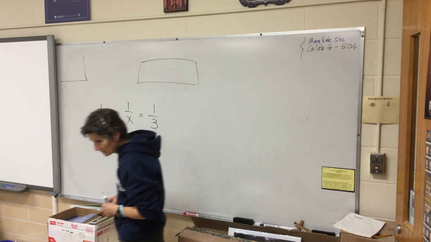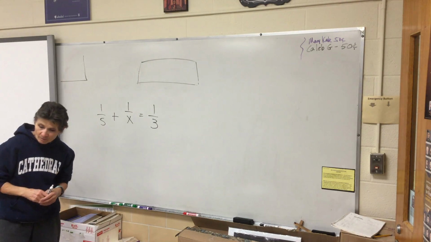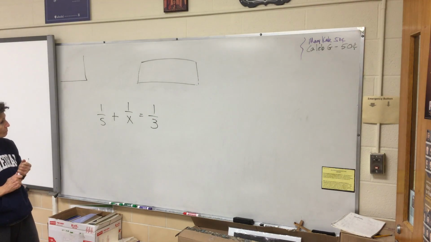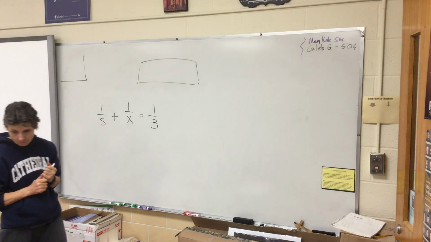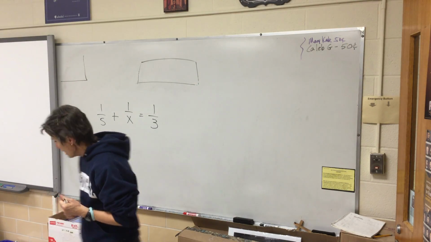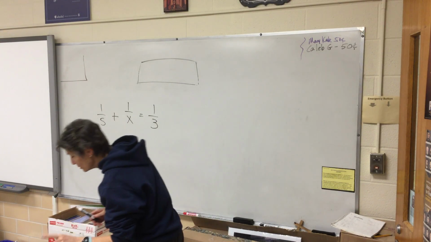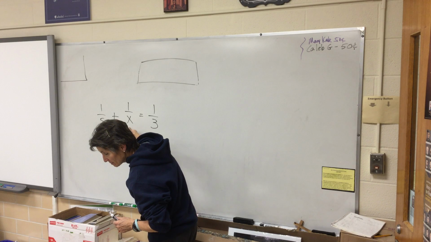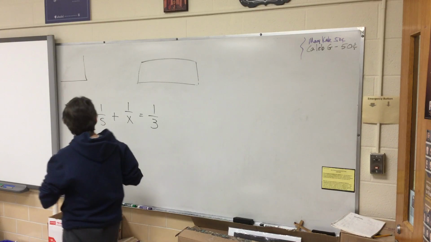Okay, perfect. Chase Johnson, what are you multiplying by, Chase? 15? Oh, that's a good start. What else? You need 15 and... x. Yes, so we're going to multiply by 15x.